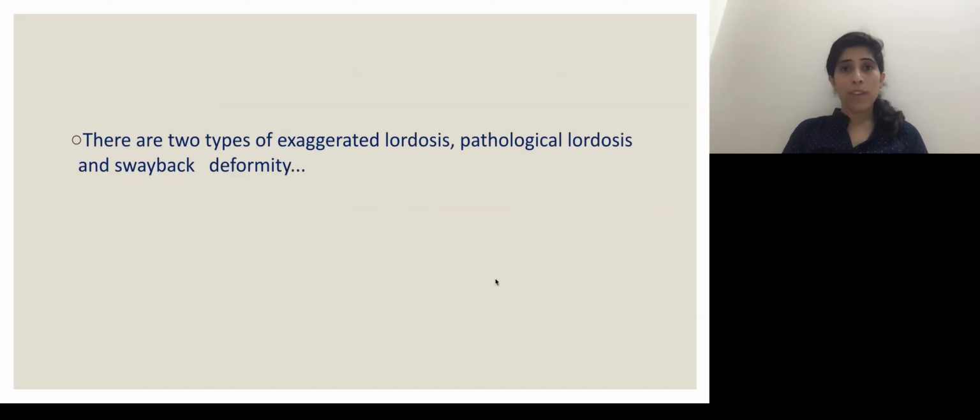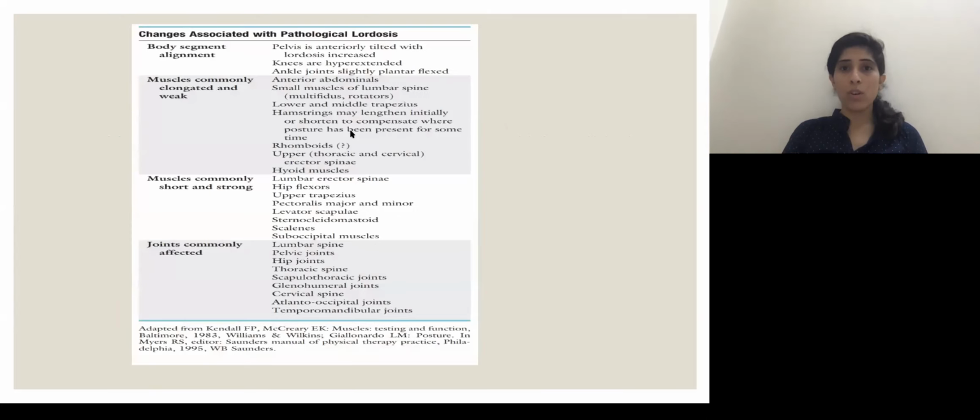There are two types of exaggerated lordosis: pathological lordosis and sway back deformity. In pathological lordosis, there are many changes we can see in the body. As I said, the lumbar erector spinae back extensors, hip flexors, upper trapezius, pectoralis major and minor, levator scapulae, and sternocleidomastoid muscles all get shortened.